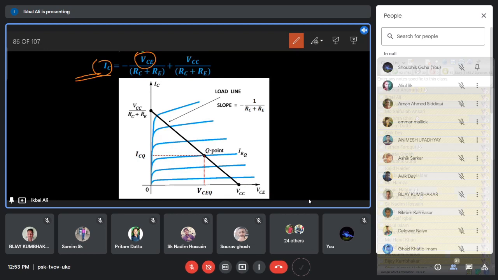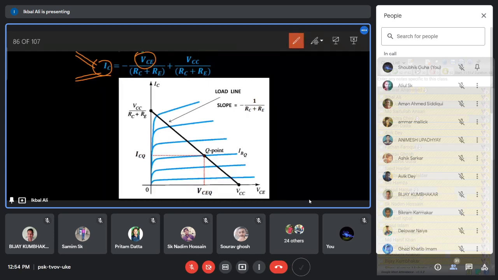So it will be very difficult to solve mathematically that equation and this linear equation to extract IC and VCE. The device equation is highly nonlinear, so it is almost impossible to solve the transistor equation and this straight line equation to extract IC and VCE.